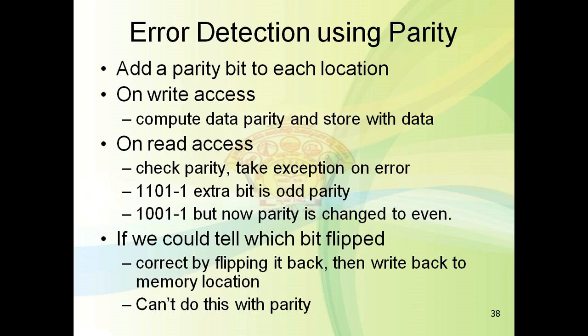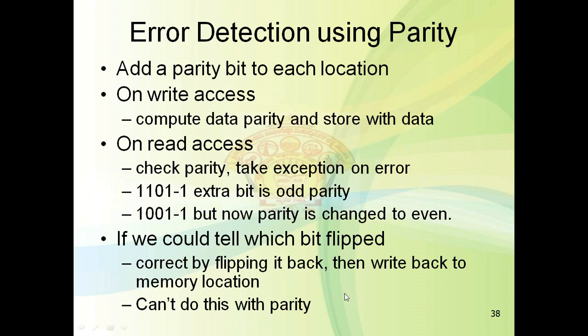We have to add an extra bit along with the data bits. On a write access, whenever we store the data, we add one more bit according to the parity of the data. We compute the parity, either odd or even, and store it with the data bits.